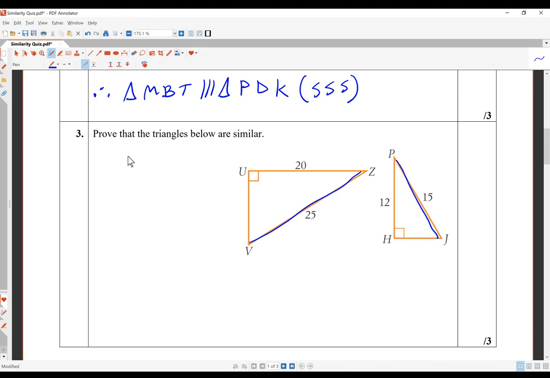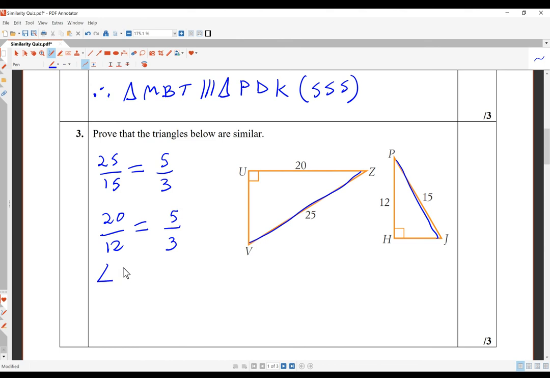Okay, so we'll divide those first. 25, so that's the pair of matching sides. 25 divided by 15 is 5/3. And then we have the other side, which is 20 divided by 12, which is 5/3.